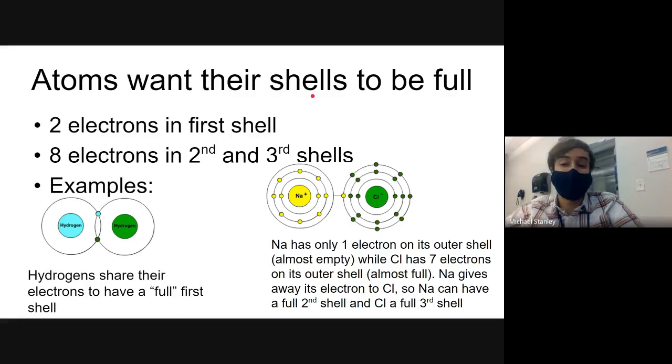And so sometimes what this means is that they'll work together with other atoms to share or donate some of their outer electrons so that they can have nice full electron shells. We're actually going to talk about this a lot more next week when we talk about chemical bonding. But this is the basic idea around this.